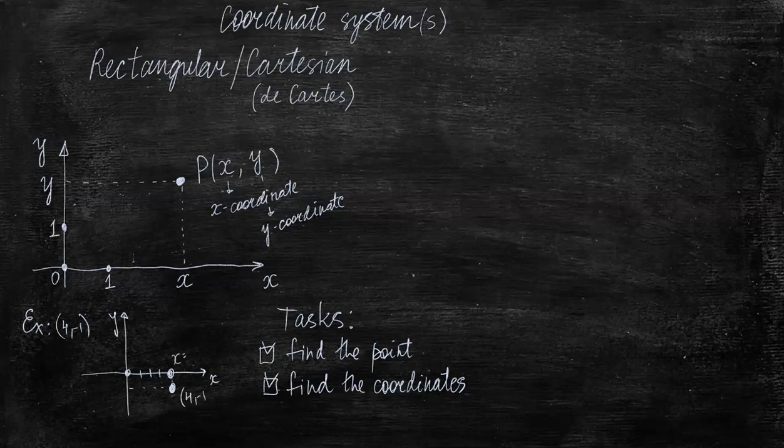This is the x coordinate 4, and this is the y coordinate -1. So we're really good at rectangular or Cartesian coordinates.